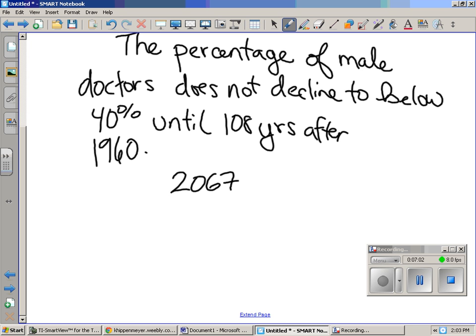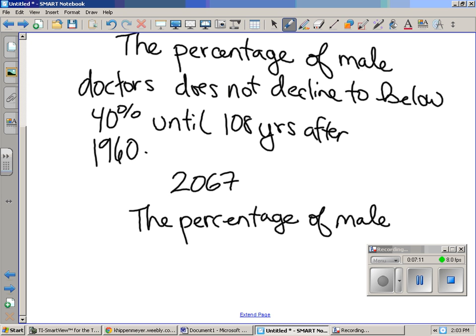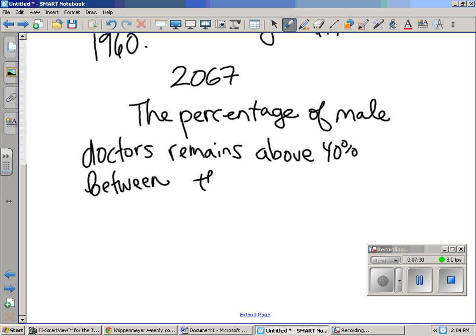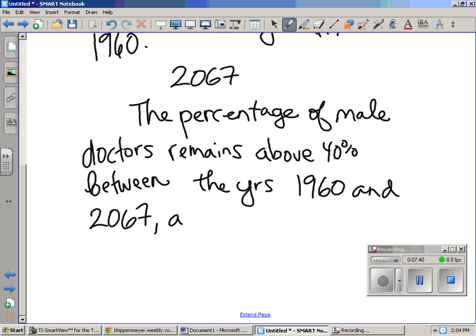So we could say the percentage of male doctors remains above 40% between the years 1960 and 2067 according to our prediction line.